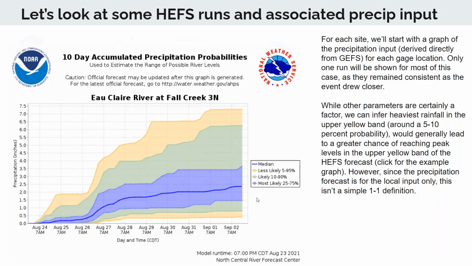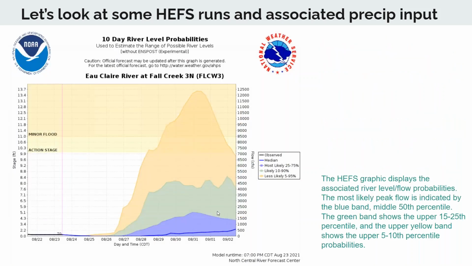And so I'll be showing those precipitation graphics, and then I'll show some of the actual HEFS output as we're leading up to each event. And once again, explaining most likely area in blue, next most likely in green, least likely in yellow, and we could theoretically also go above that, less than 5% probability of that.